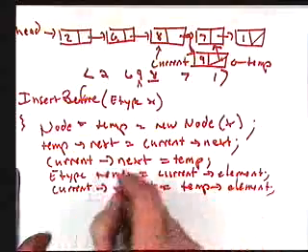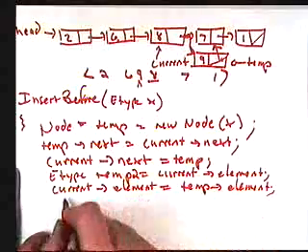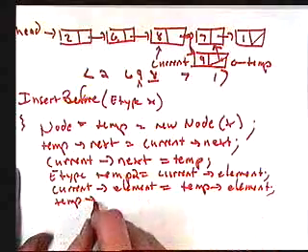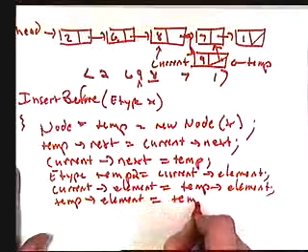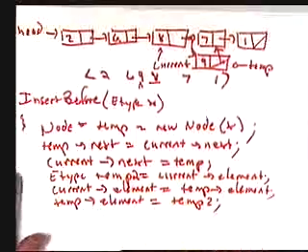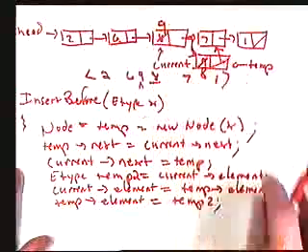Whoops, I didn't want this to be temp. Make this temp 2. So then temp element, and then finally what we store inside temp element equals whatever E-type we've stored inside temp2. So what that'll effectively do is swap 8 and 9.